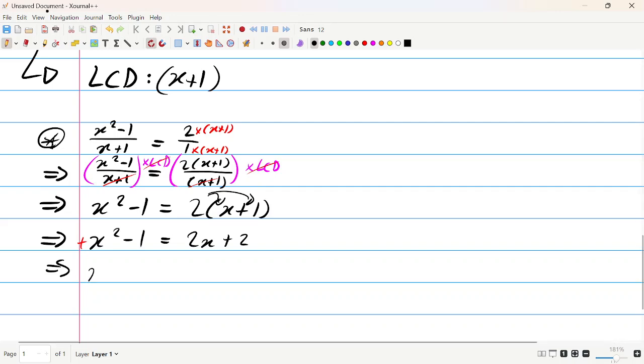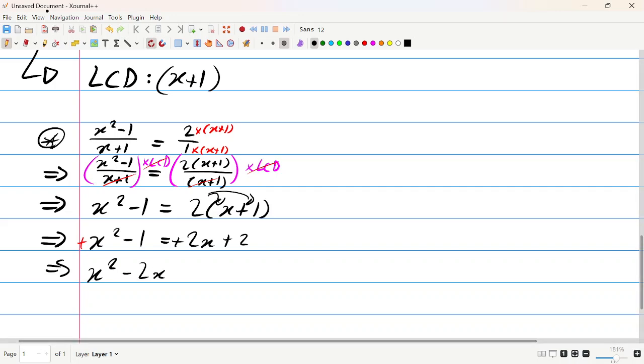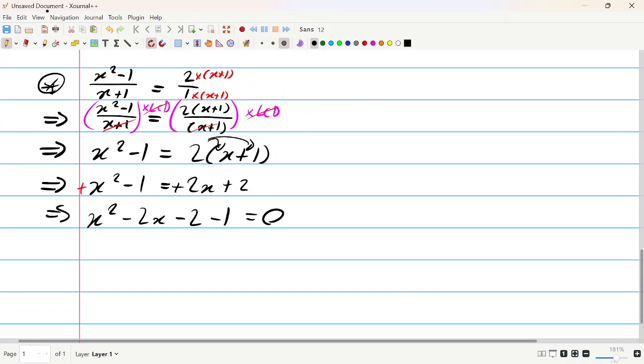Positive 2x goes over as minus 2x, positive 2 goes over as minus 2, and we have minus 1, and this is equal to 0. Now we have x squared minus 2x, minus 2 minus 1 is minus 3, equals 0.